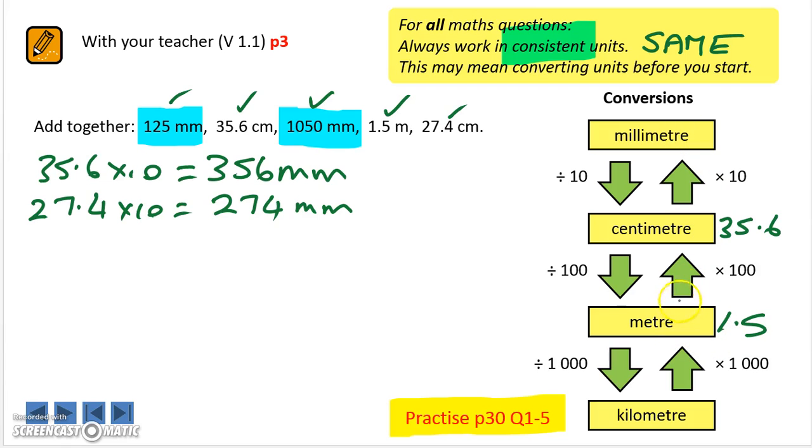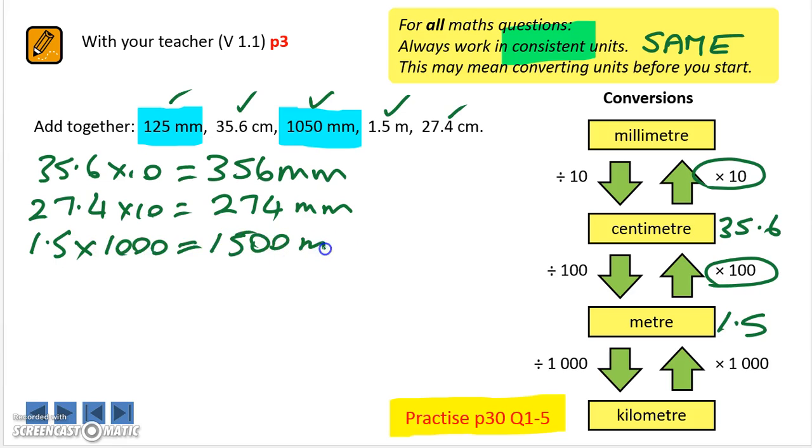So it's a two-step process, times 100 and then times by 10 to get us into millimetres. So maybe you might be able to see that that's actually a conversion of times 1,000. And so we've got 1,500 millimetres there.